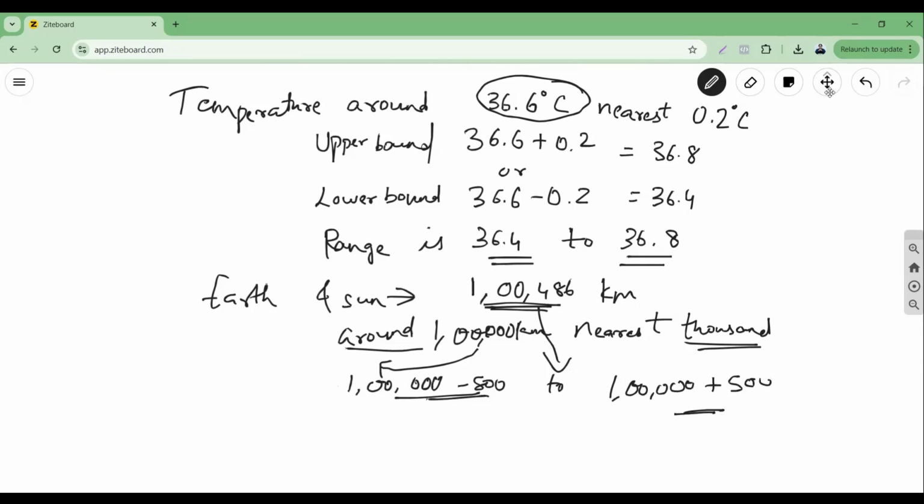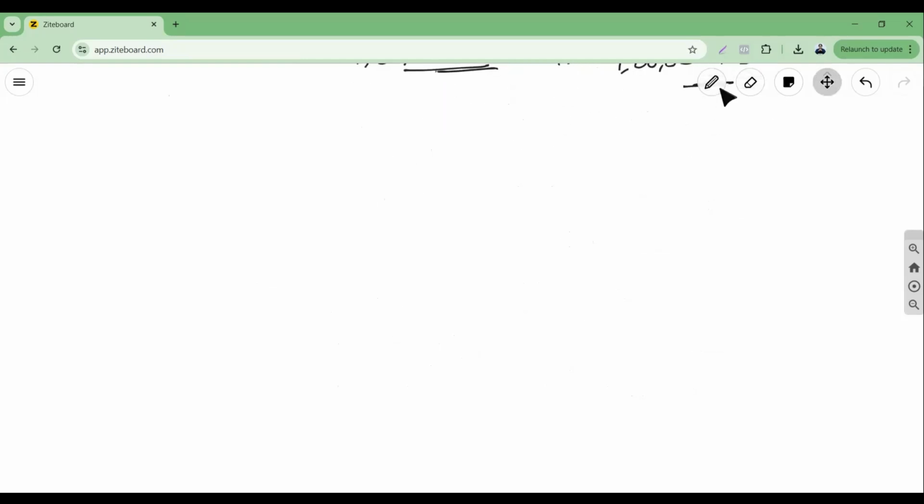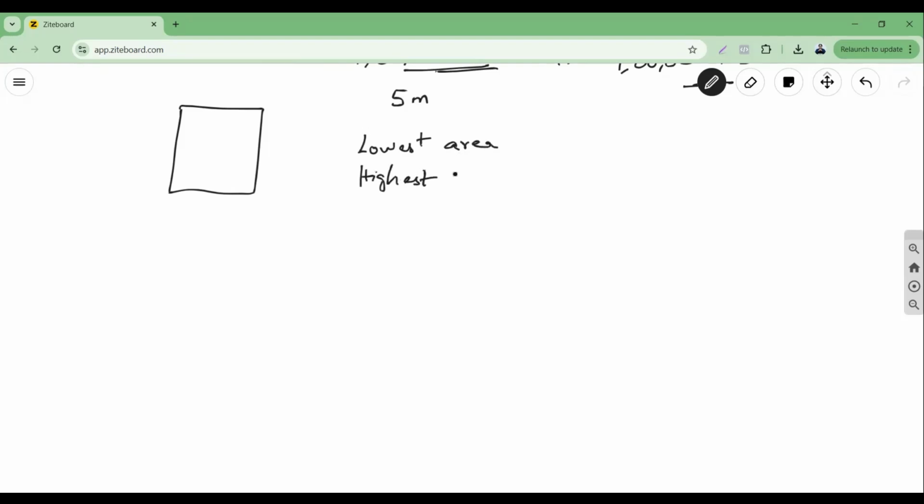Now, if we use the same kind of thing, let's say we have a square, and the side, to the nearest meter, is 5 meters. Then find the lowest possible area and highest possible area. We know the area of a square is given by side times side.